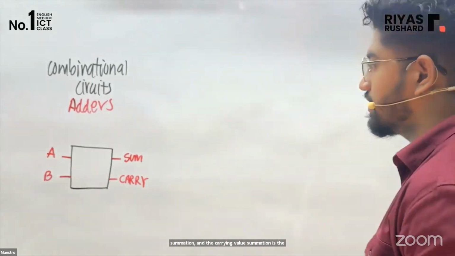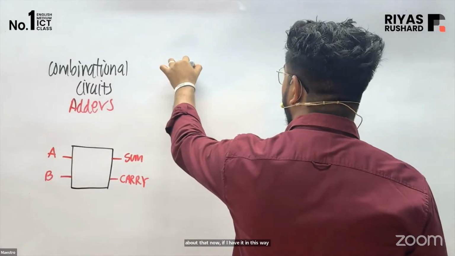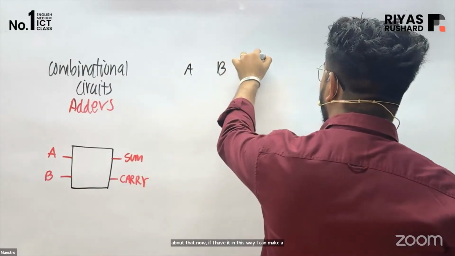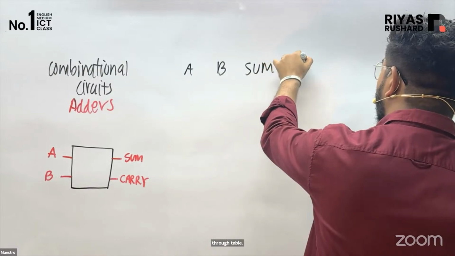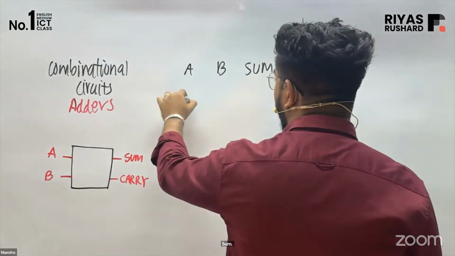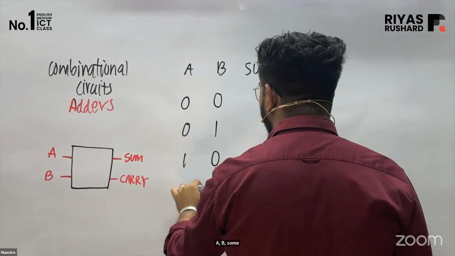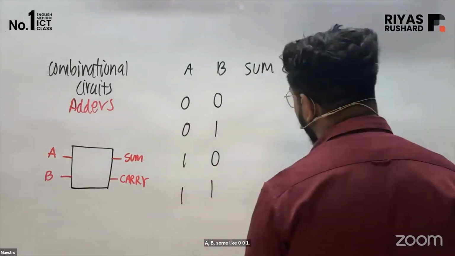We'll talk about that. Now, if I have it in this way, I can make a truth table. A, B, sum, and the carrying value. The inputs are 0 0, 0 1, 1 0, 1 1.